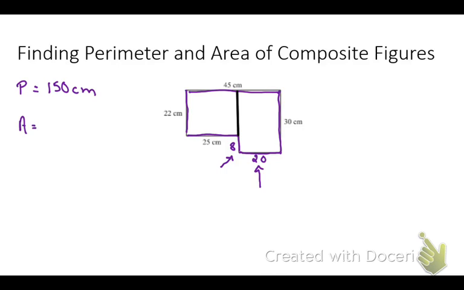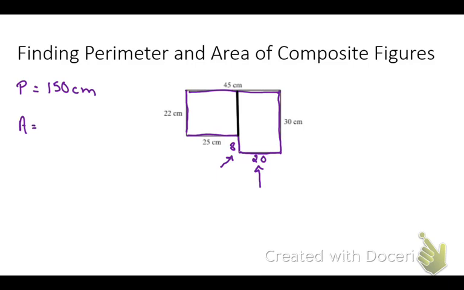Because I split it this way, 45 is not the width or the length of either one of these rectangles. So just make sure that you use the width of only that rectangle. All right, so go ahead and try to calculate the area of both of your rectangles.